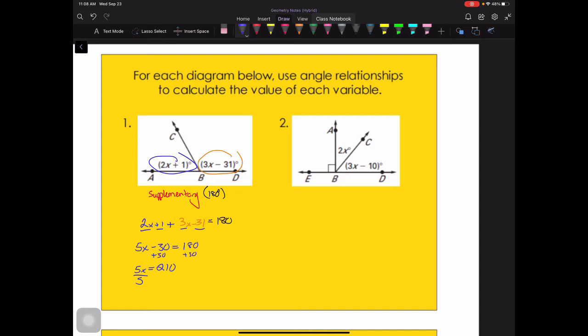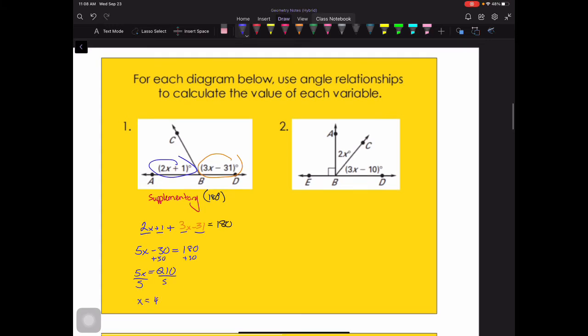Now the question you need to ask yourself is, is that the final answer? If you go back up to the question, it says calculate the value of each variable. The variable was x, therefore we have our answer, 42.